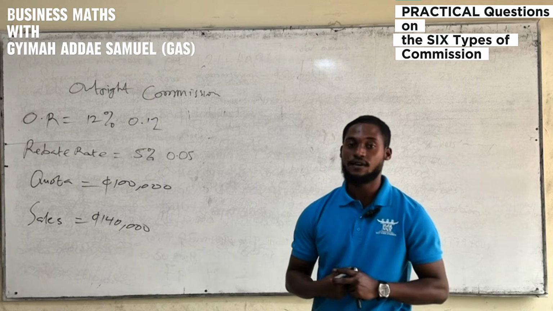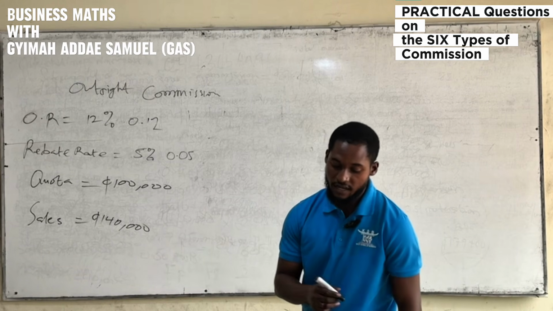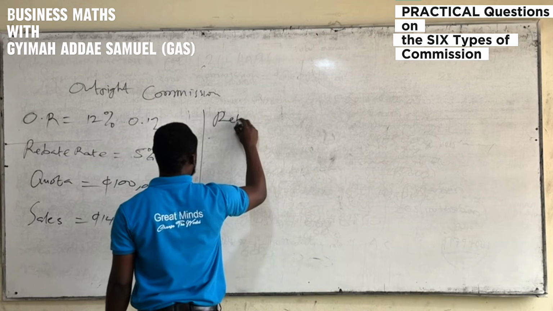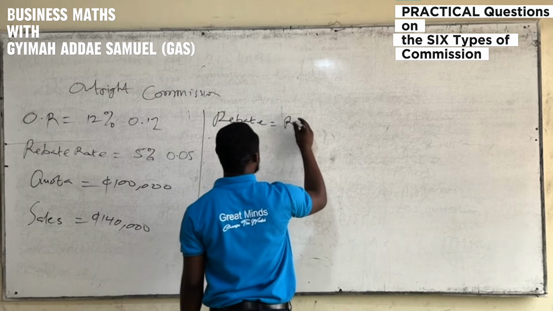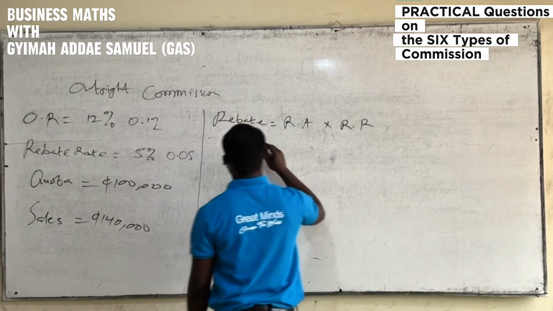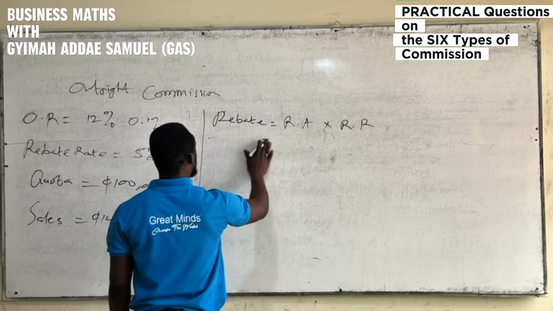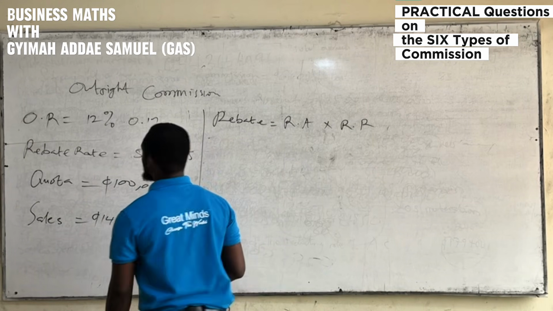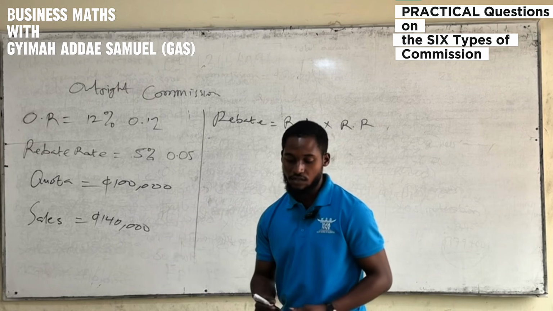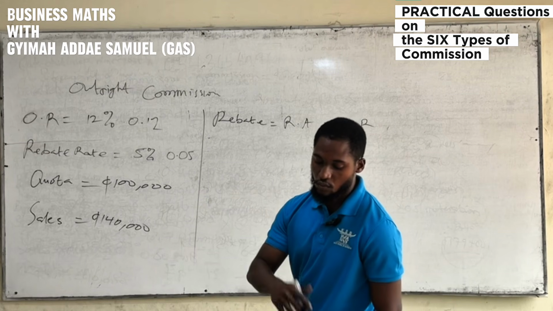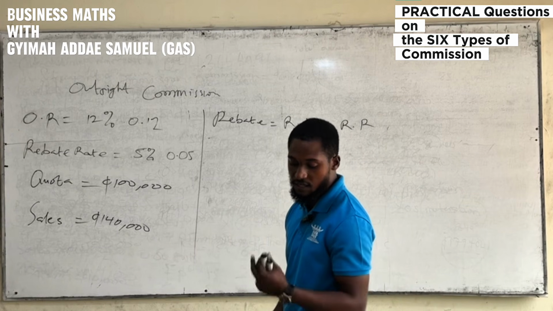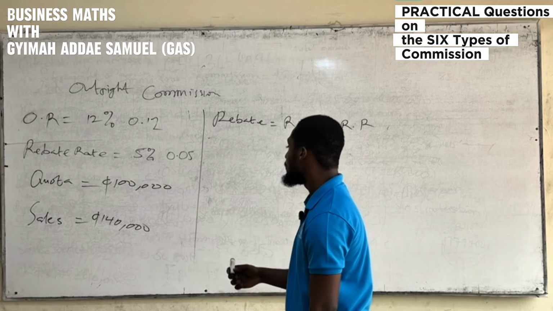So we will first have to find our rebate. Calculating the rebate becomes rebate amount times rebate rate. The rebate amount is 140,000, which is our sales, minus the quota, which is 100,000. Then we multiply it by the rebate rate.